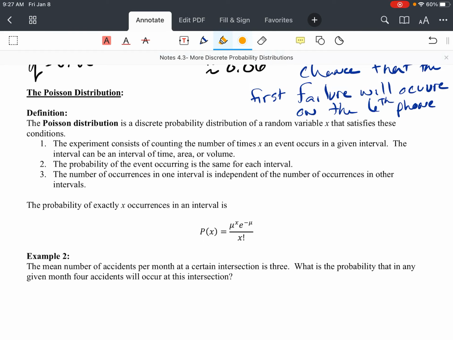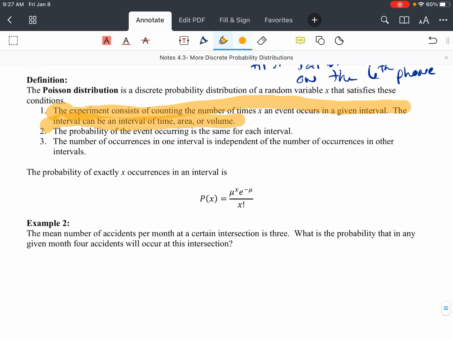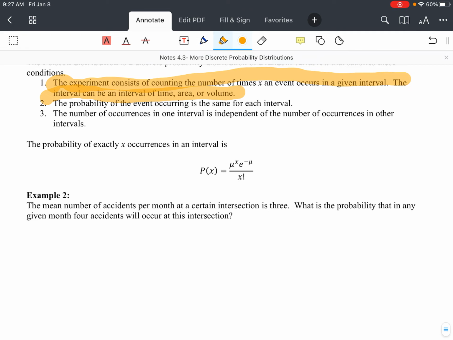Then it says the probability of the event occurring is the same for each interval, and the number of occurrences in one interval is independent from the occurrences in the other intervals. The biggest difference is this: we're given, or can find, the average first, and then we can compute what the values are. And it's given to you with this really funky equation.